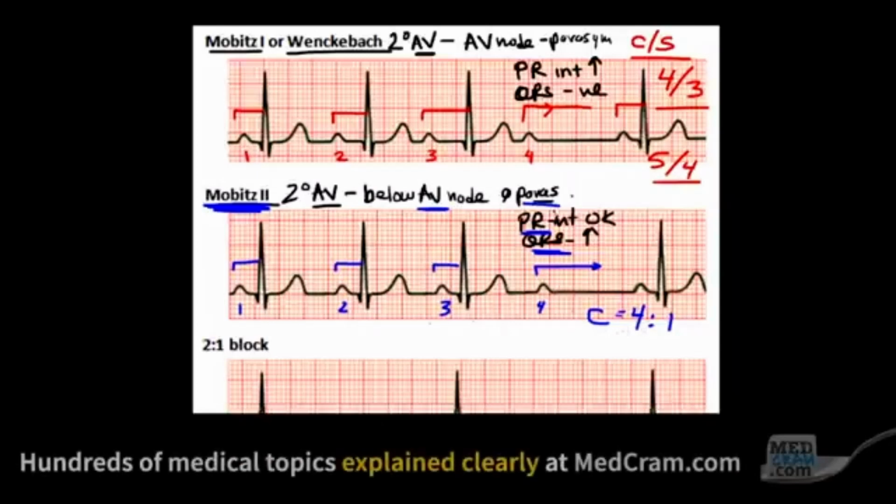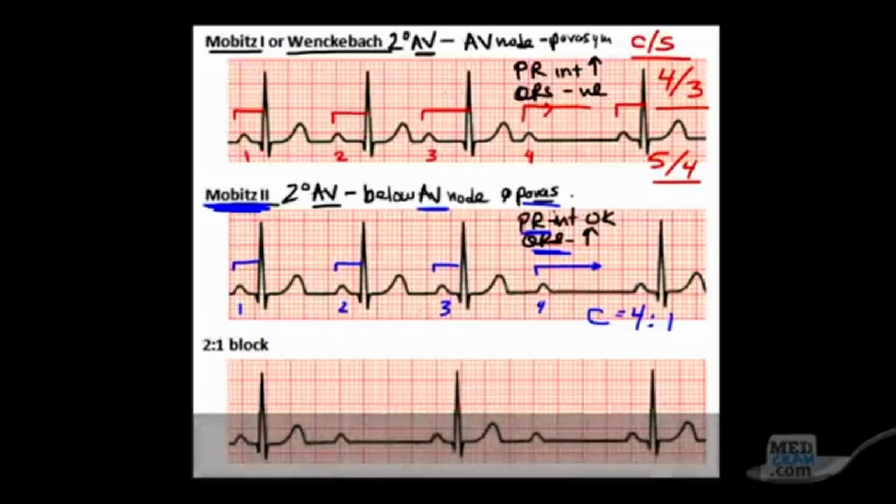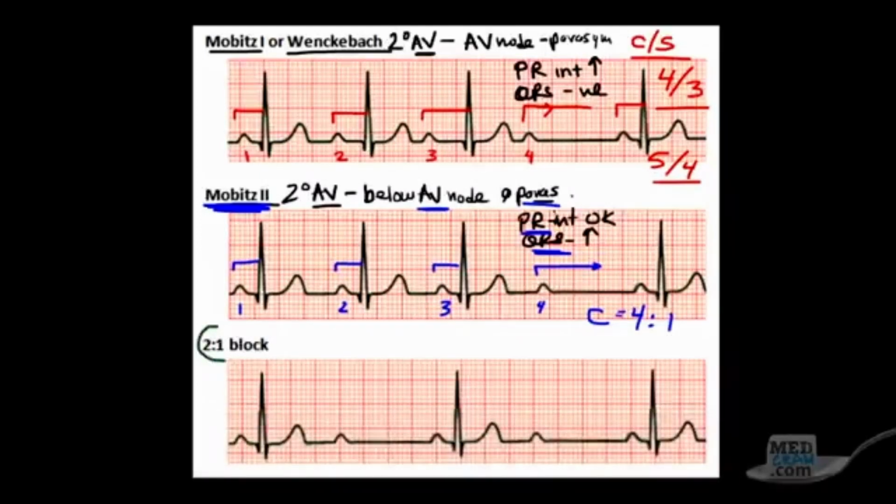So that's an interesting distinction because what we could have, if time would allow here, we could have a 2-to-1 block. Now that's going to be very difficult because remember what we have here in Mobitz type 1. In Mobitz type 1, we're looking for increasingly long PR intervals. Well, what happens if the block is such that you get one conduction and then you don't get any conduction? And then you get one conduction, and then you don't get any conduction.